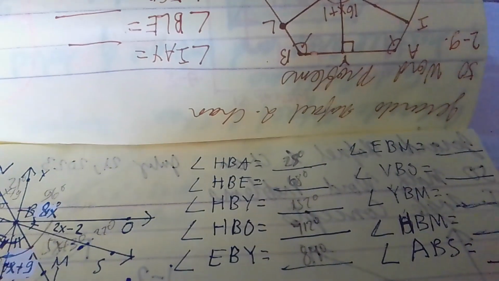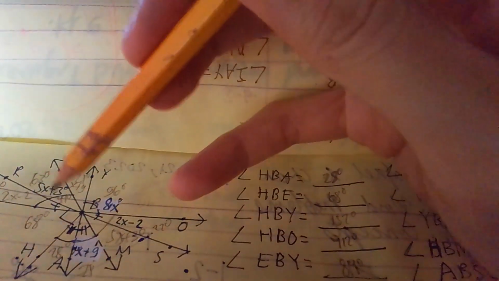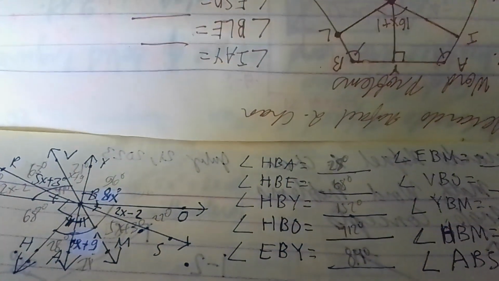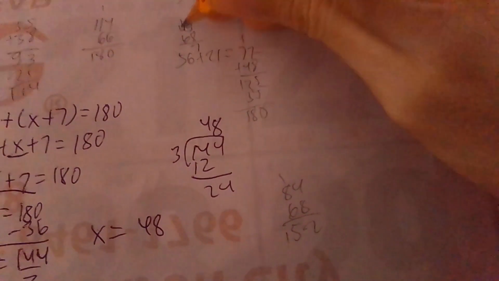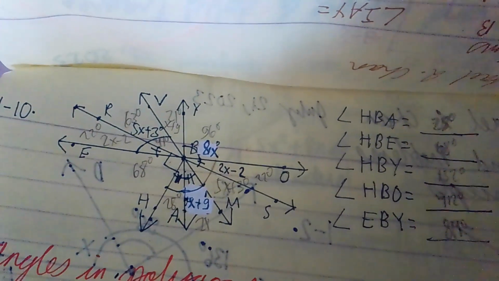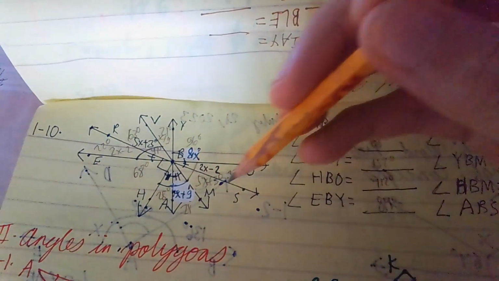Next, angle EBM. EBM. This one. 68 plus 28 plus 21. We know that's 49. And 49 plus 68 is 117. Or what you can rather do is subtract 63 from 180.